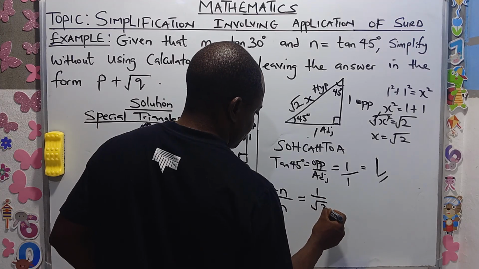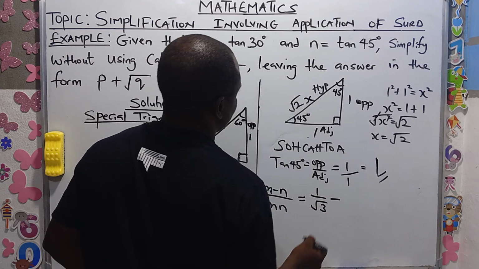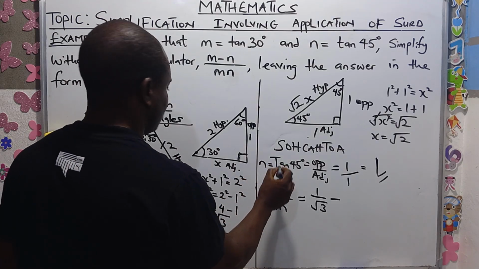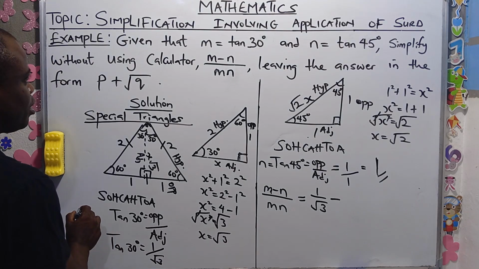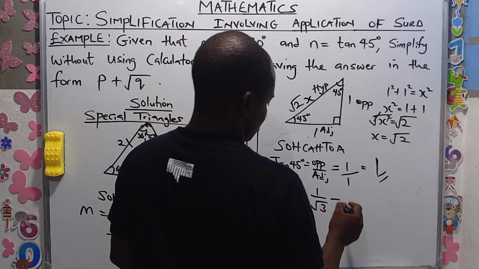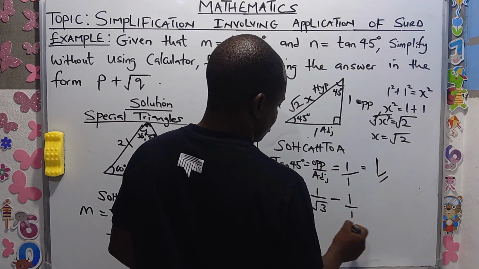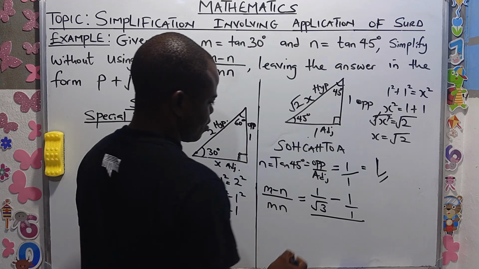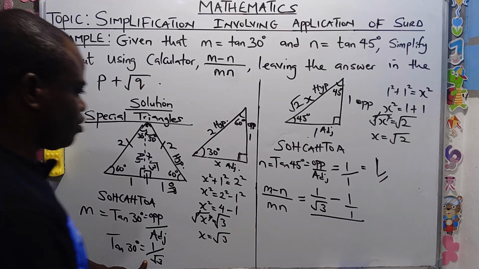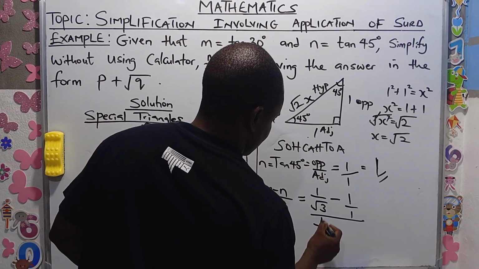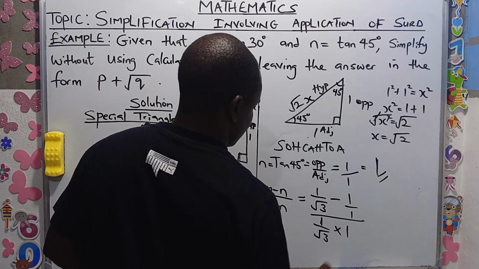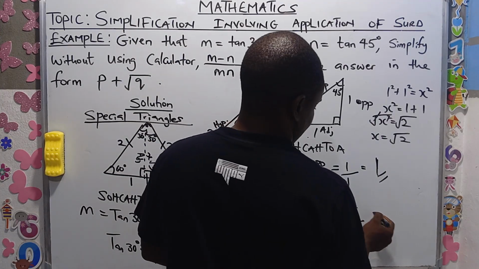So 1 over root 3 minus n, and n is tan 45, which is 1, divided by m times n, which is 1 over root 3 times 1.